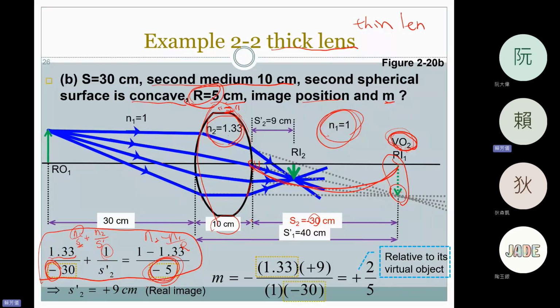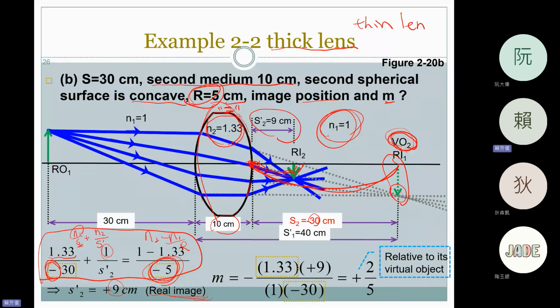Positive 9 means this is a real image. And the 9 will be counted from the surface here. After this surface, behind the surface by 9 centimeter, and it is a real one, okay.